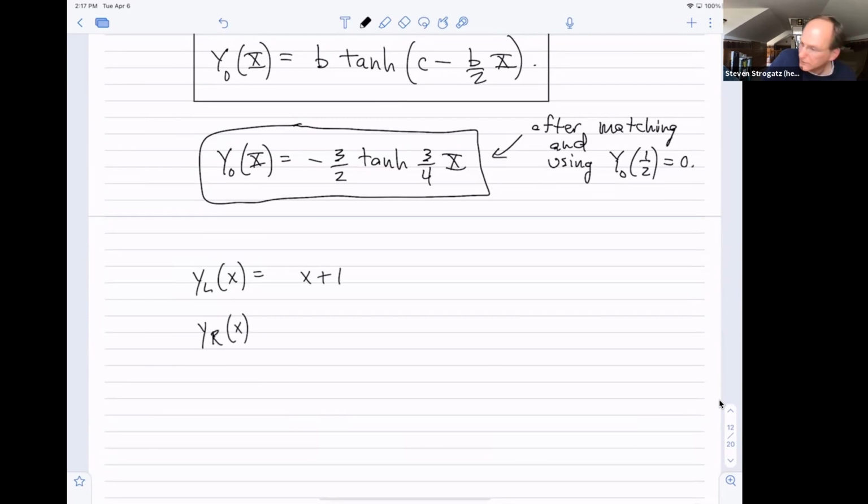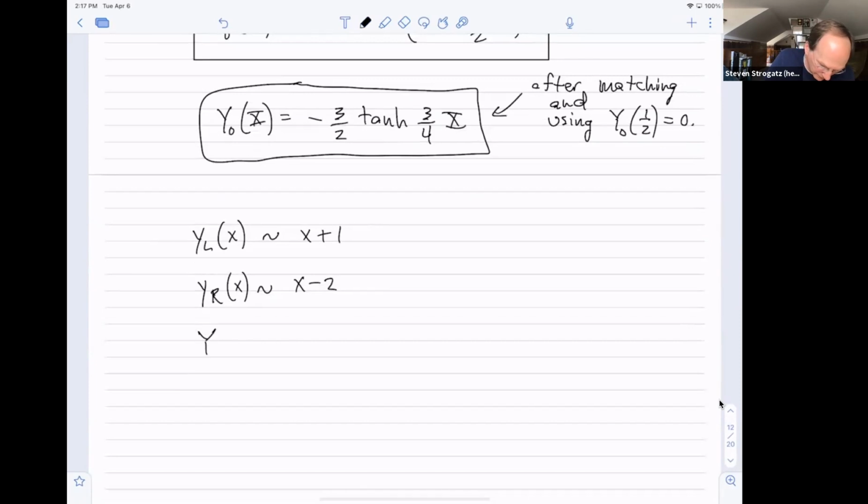Y right of X to lowest order, I should say asymptotic to X minus 2, and y of X on the inside asymptotic to minus 3/2 tanh of 3 big X over 4.